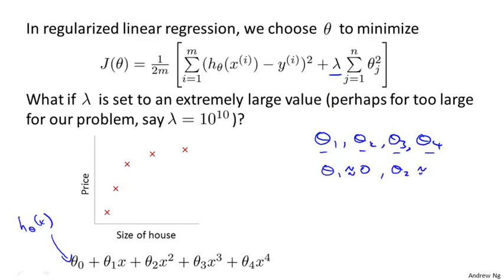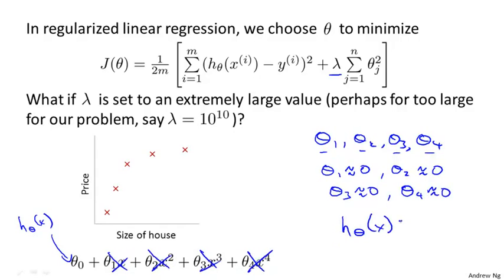It's as if we're getting rid of these terms in our hypothesis, so we're just left with a hypothesis that looks like that. It says that housing prices are equal to theta 0, and that is akin to fitting a flat horizontal straight line to the data. This is an example of underfitting.